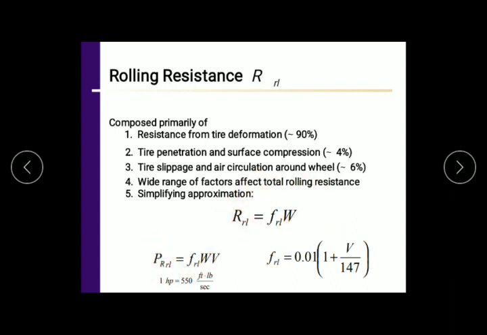Just multiply the rolling resistance by V and you will get the power required to overcome the rolling resistance, where the rolling coefficient is equal to 0.01 into (1 + V/147). This is the empirical relation for the coefficient of rolling resistance.